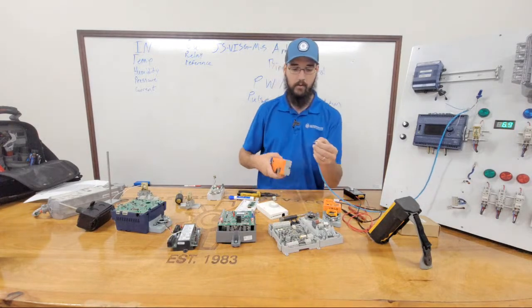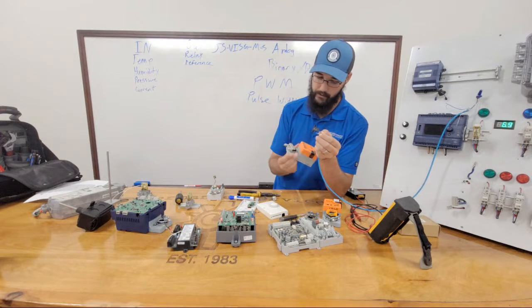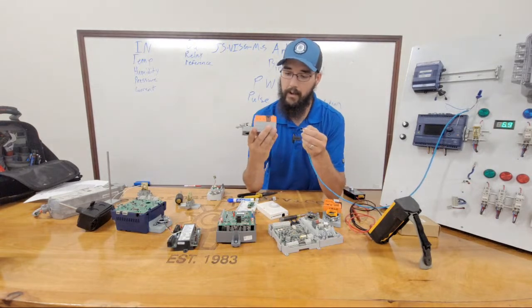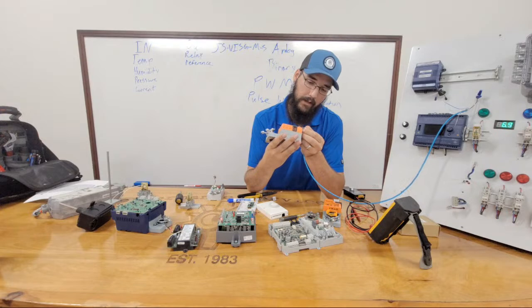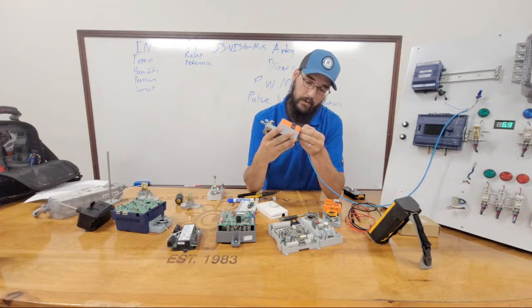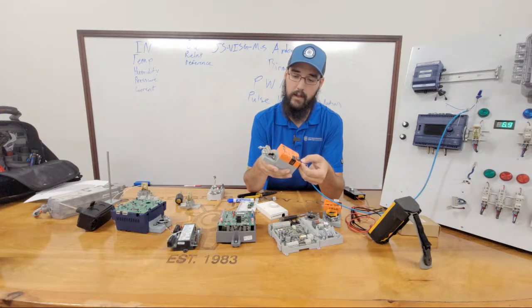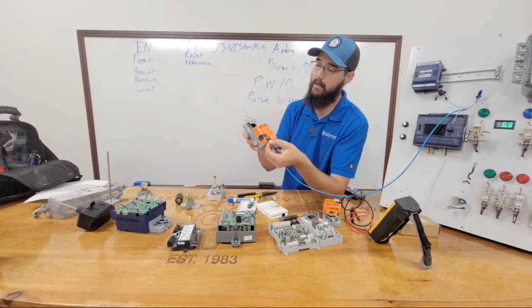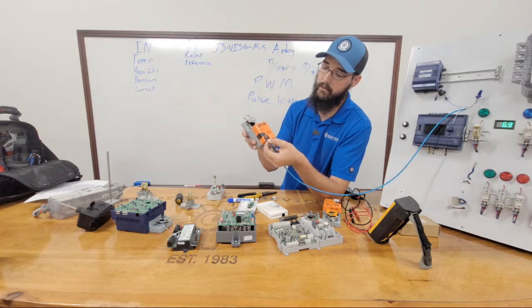All right, so floating point, I've got 24 volts here, and I can just go to terminals 1 and 2, and I start to actuate. And right now, so terminals 1 and 2, I am spinning clockwise.